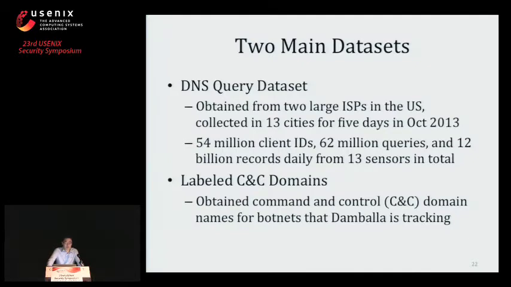We also have a labeled command and control domain name set. We got this dataset from a security company called Damballa. This company is tracking many botnets, so they know a lot of CNC domain names used by the botnets.